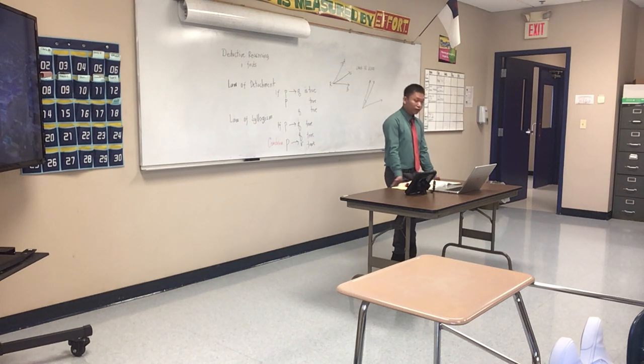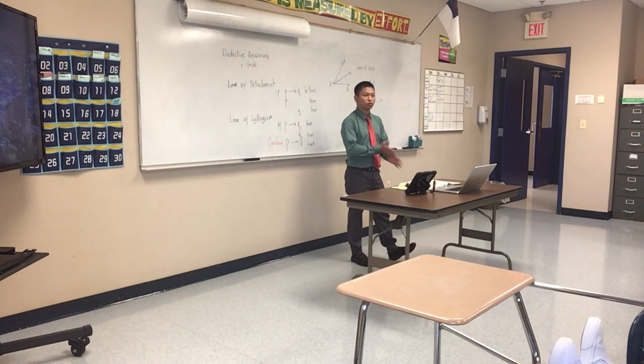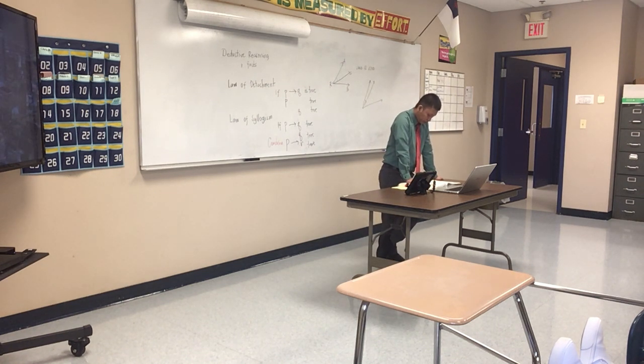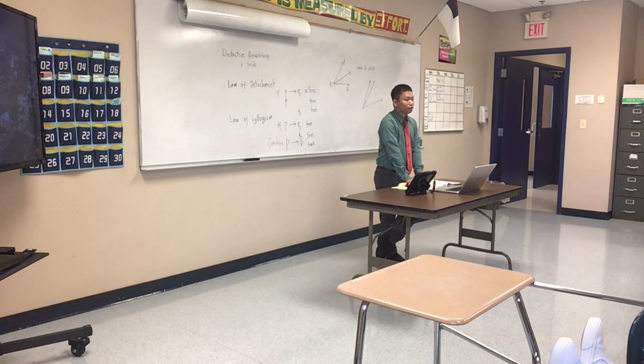Okay, can you conclude what would be the conclusion for number 2A? If a whole number ends in 0, then it is divisible by 10. That is our first statement. The second statement: if a whole number is divisible by 10, then it is divisible by 5.